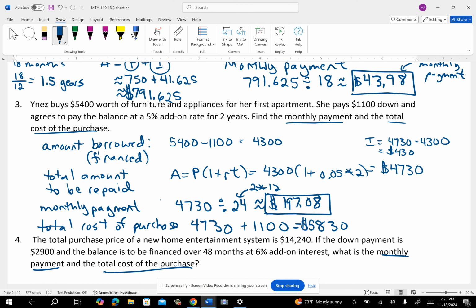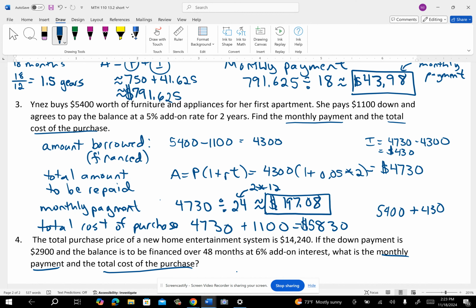I also could have come up with the total cost of the purchase another way, because couldn't I have taken the $5,400 that it cost and added in this $430 in interest?